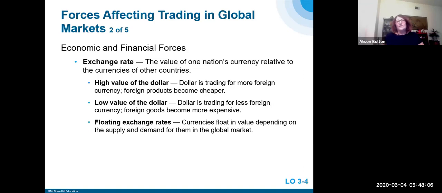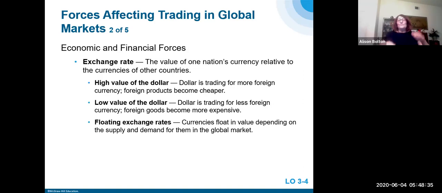A high value of the dollar means it's trading for more than the foreign currency, which means their money has less value. A low value of the dollar is not worth the same as their money, and foreign goods then will cost us more. So high value is cheaper, low value is more expensive.